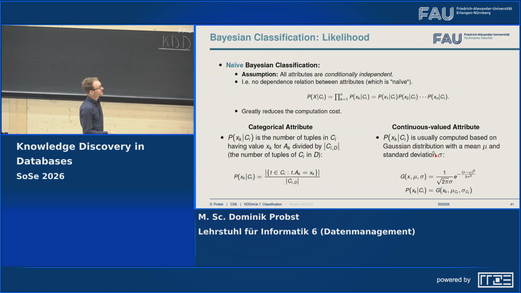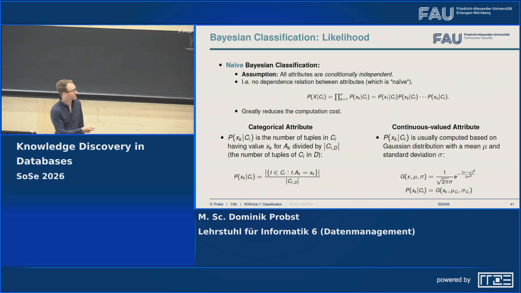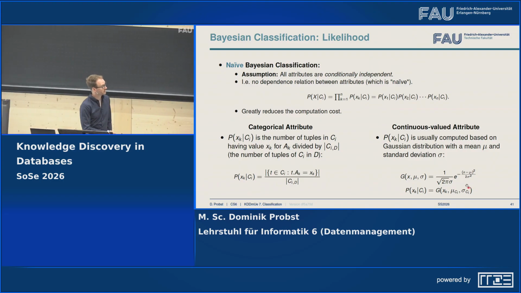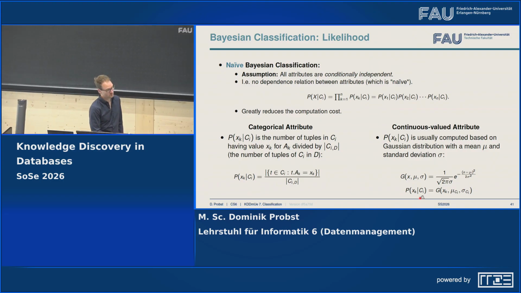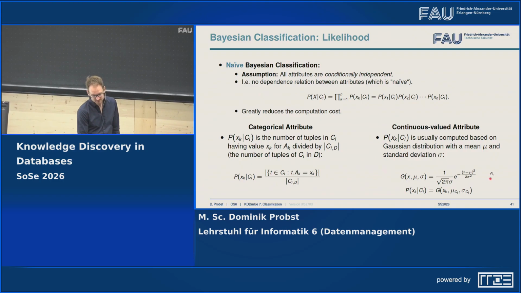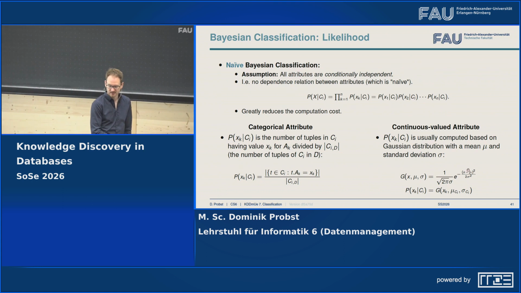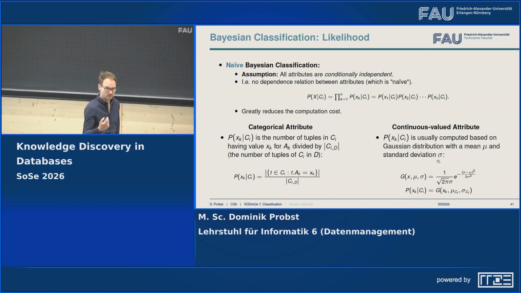In the exercise, we also have a continuous valued attribute to train that. However, it's simply putting some values into this formula and then we get to our likelihood. We simply need the mean and the standard deviation of our attributes, and then we can find the likelihoods.